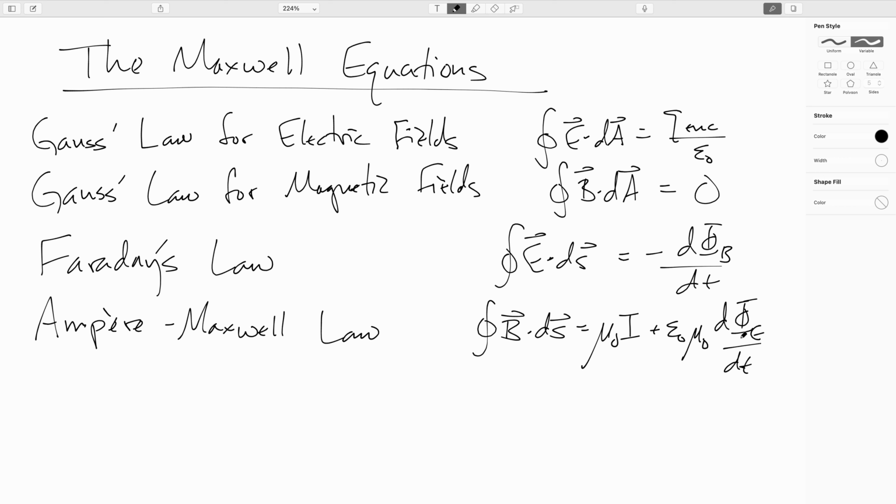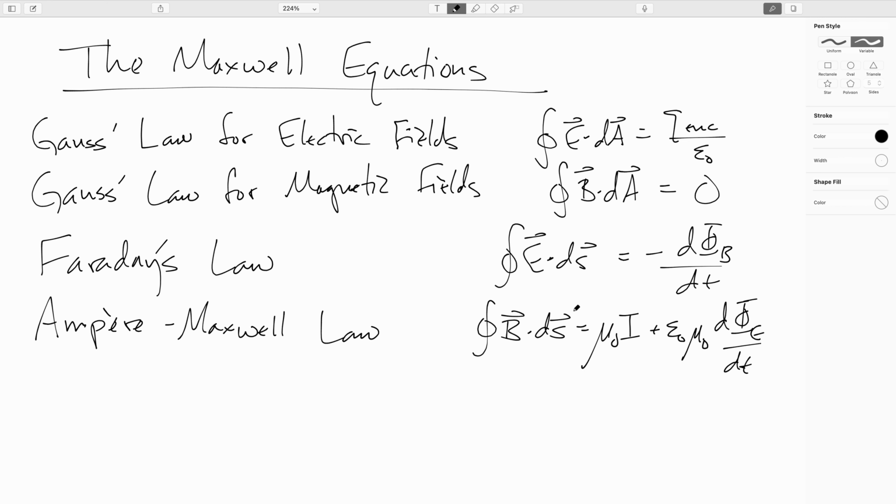But wait, the Ampere Maxwell law says that a time-varying electric field, so this is going as a cosine here, take the derivative, I'm going to end up with a sine. Again, I'm playing fast and loose with the plus and minus signs, but we'll sort them out later. It's going to give me a magnetic field that goes as a sine.